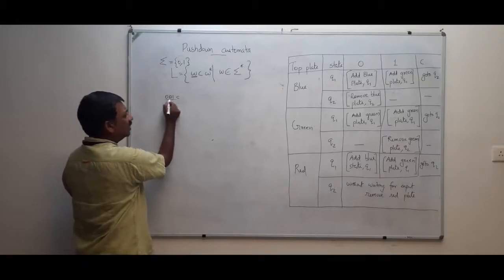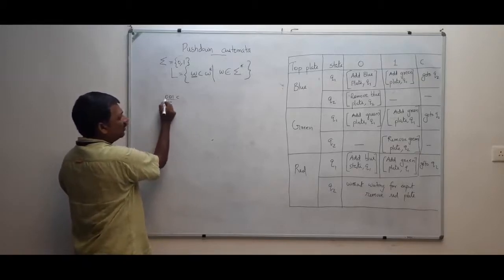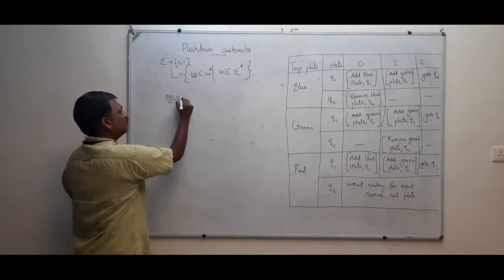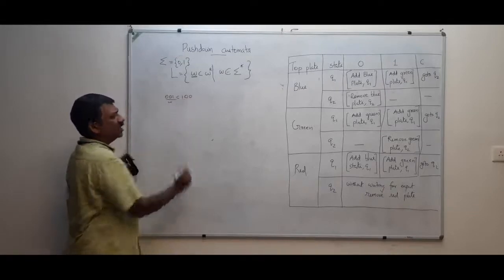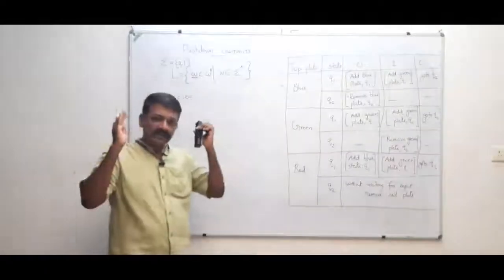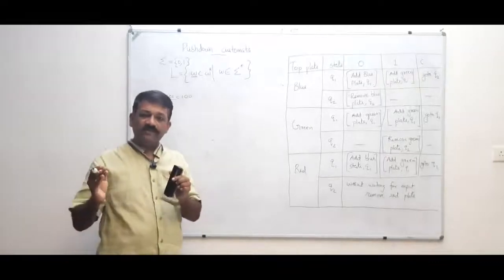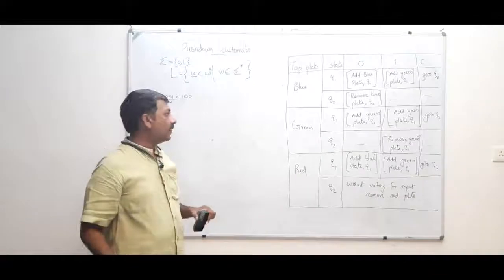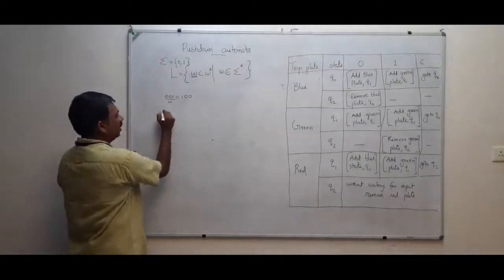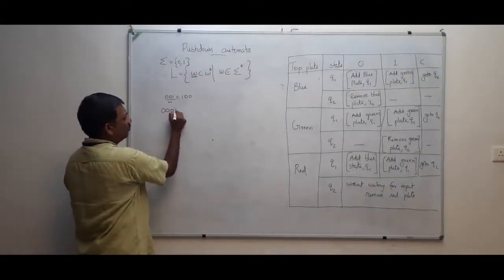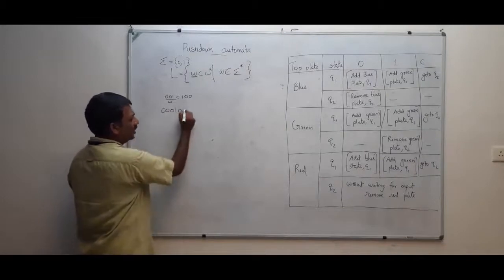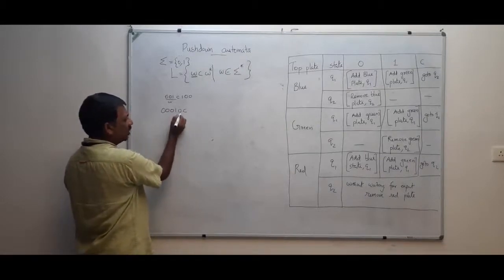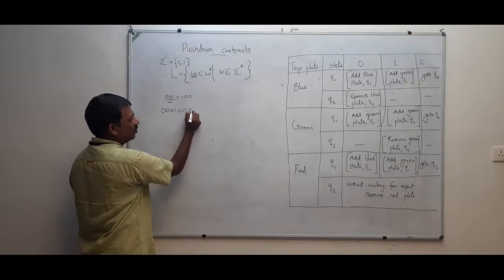When this is W and it is written in reversed form, you have 1, 0, 0. That can be accepted. That means a string followed by C followed by the string in reversed form. For example, suppose that you have 0, 0, 0, 1, 0. Then after that C. Now you have to start from here. That means 0, 1, 0, 0, 0.